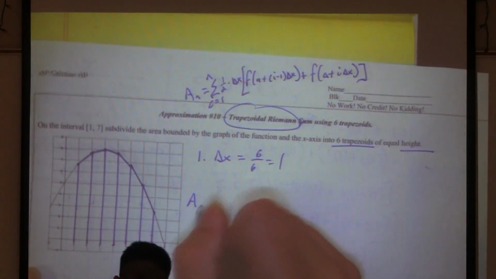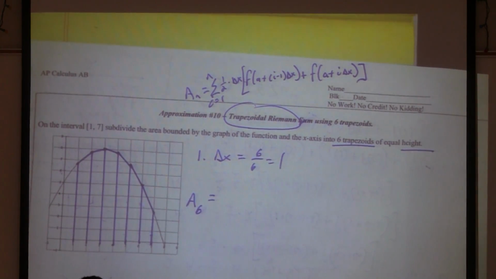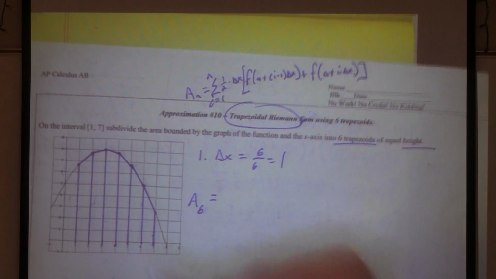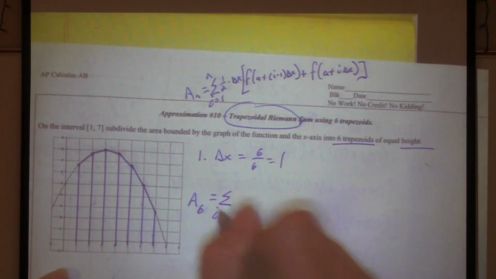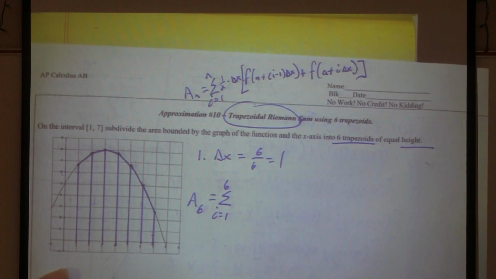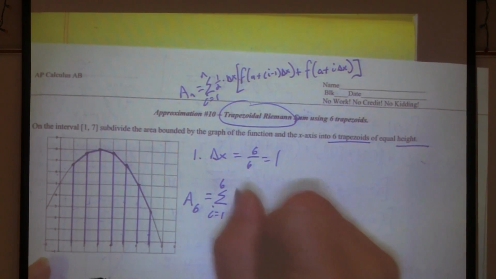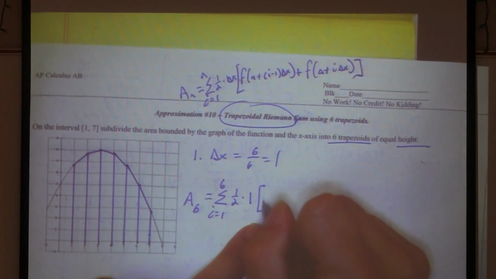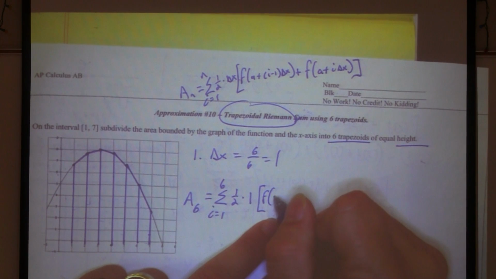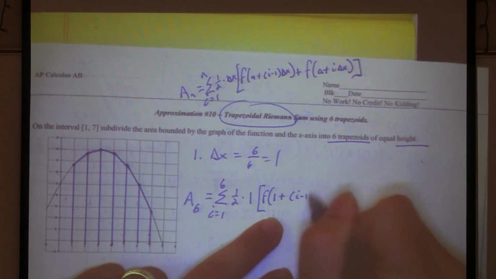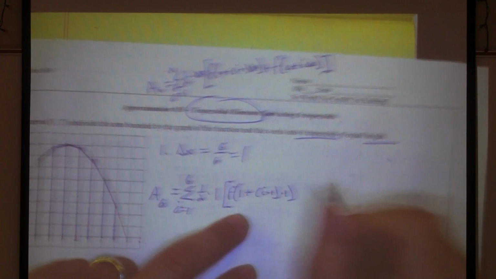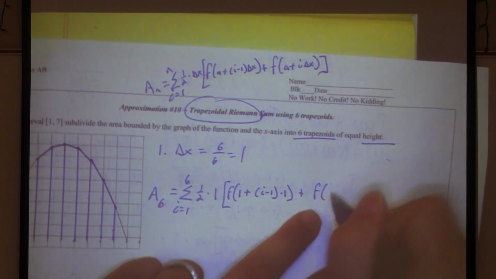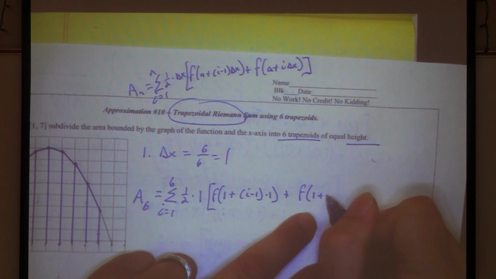So let's jump straight to finding the area of those 6 trapezoids. Good. That's going to be the summation i equals 1 to 6 of 1/2 times 1 times f of, what's a? 1 plus (i minus 1) times 1 plus f of 1 plus i times 1.